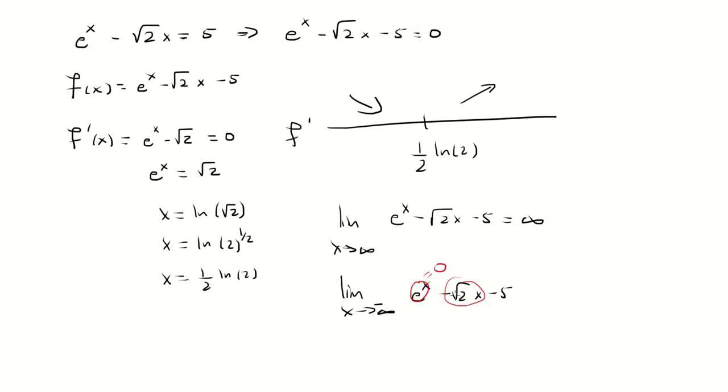This is going to go to positive infinity because we have negative root 2 times negative infinity, which is just positive infinity. And then minus 5, that's still going to positive infinity.